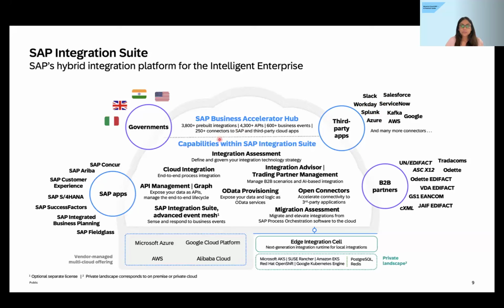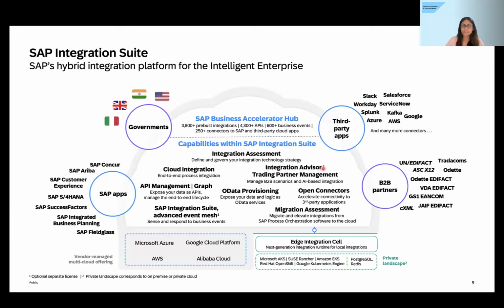Now, coming to the core capabilities of Integration Suite, the first one is the integration assessment. It's based on ISA-M methodology. It's a tool-based approach to define and govern your integration technology strategy. We move to cloud integration. Again, one more capability to do your end-to-end process integration, be it A to A, B to B, B to G, B to C. Then we have our trading partner management and Integration Advisor.